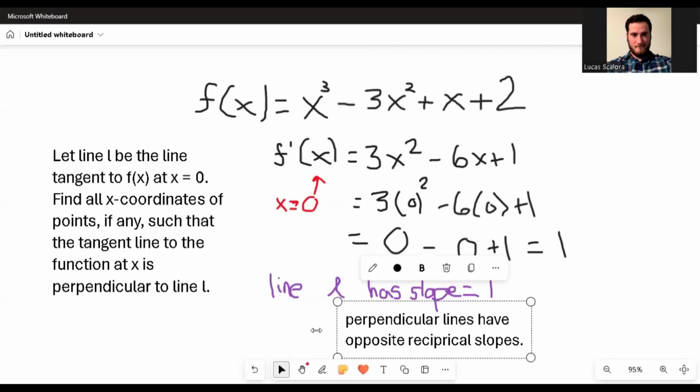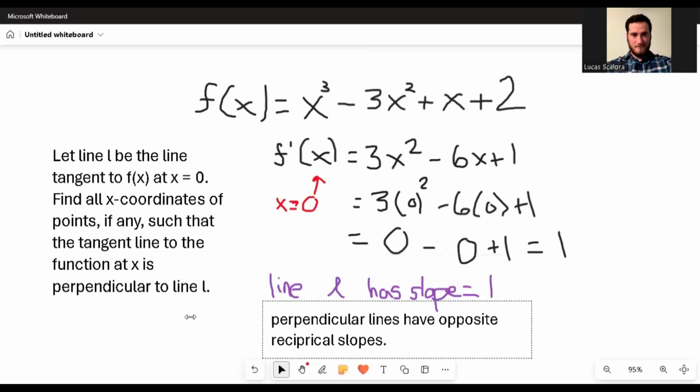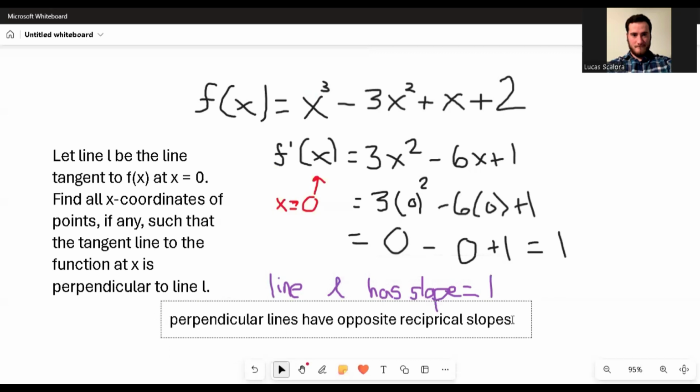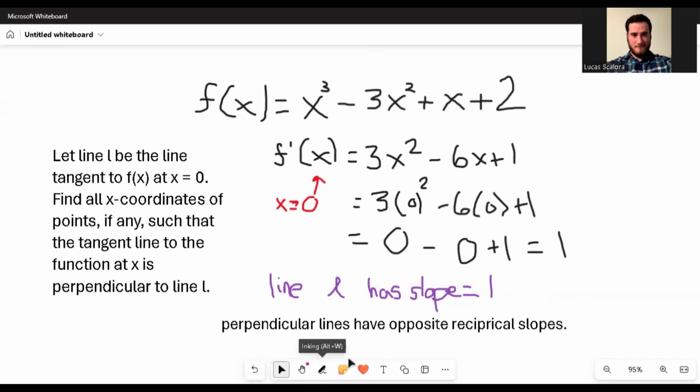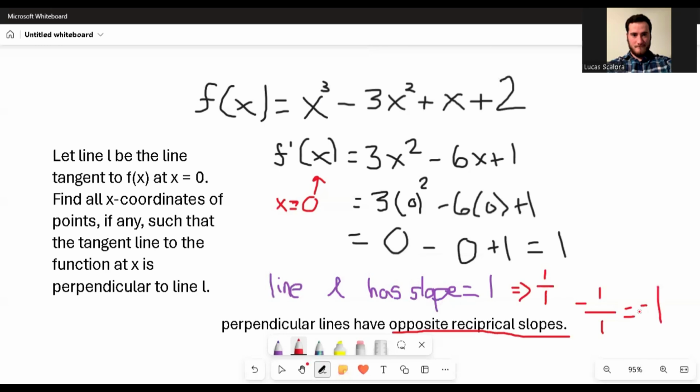The slope of line L is 1, so the slope of the line we're looking for needs to be negative 1 over 1, because 1 is the same thing as 1 over 1. If it's perpendicular, we flip it, and then we change the sign. So we really want the line to have a slope of negative 1.